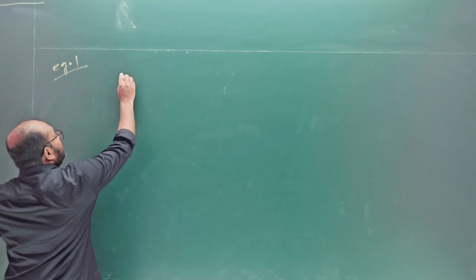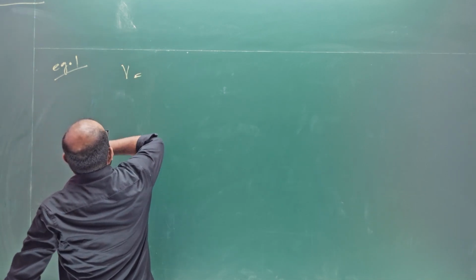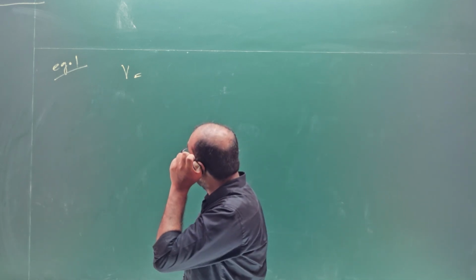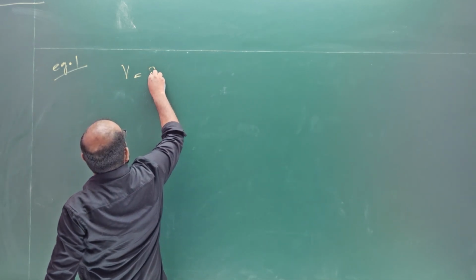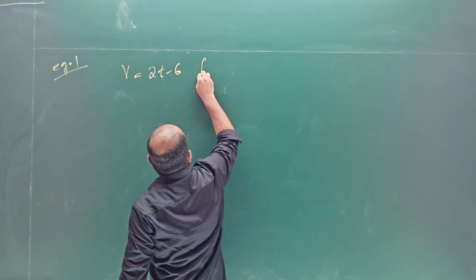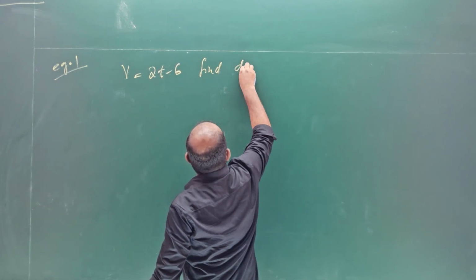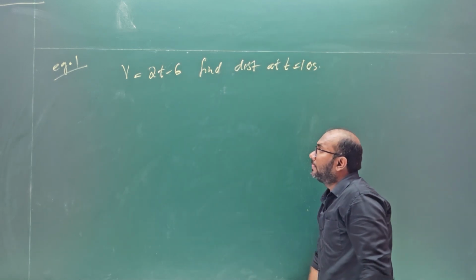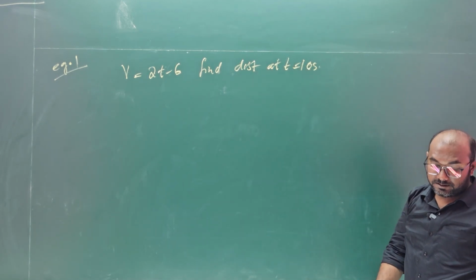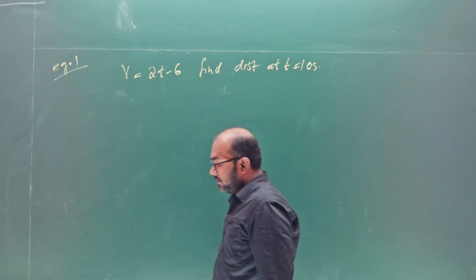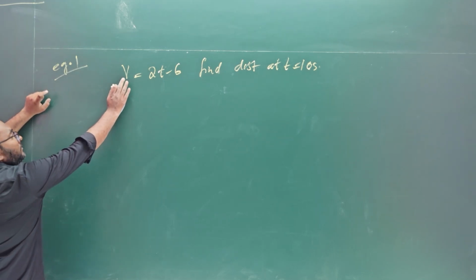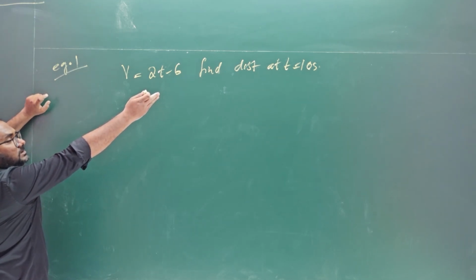Now, if they provide you velocity, and velocity is equals to, let it be, 2t minus 6, find the distance at t is equals to 10 seconds. First, we will see what mistake students generally make. Then we will move to how to approach this answer in the correct form. Okay, now velocity is given. They ask distance.